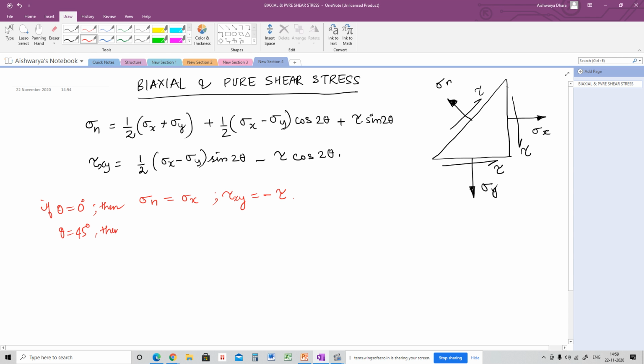45 degree. Then it is half of sigma x plus sigma y plus tau. And tau xy is half of sigma x minus sigma y.